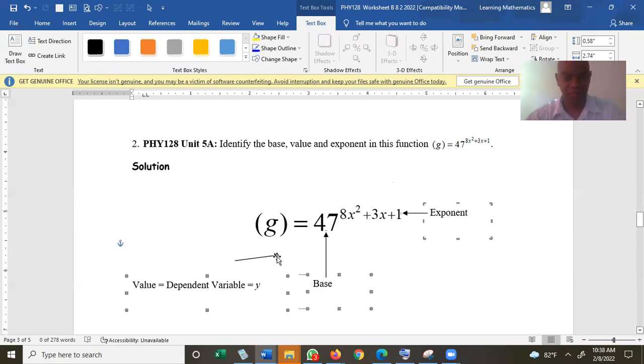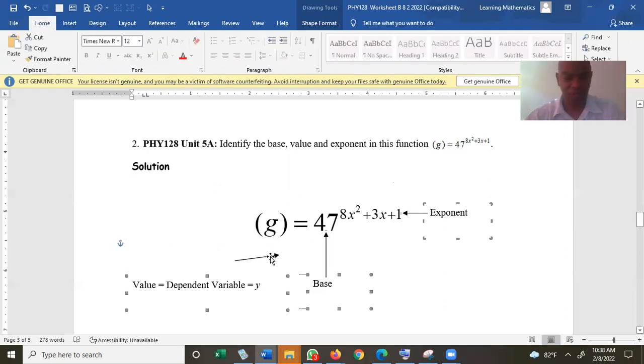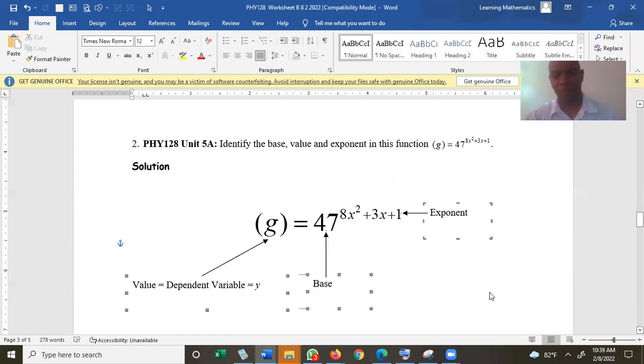So if you are told to find the value of this formula, you actually find the g. That's the value you are finding.